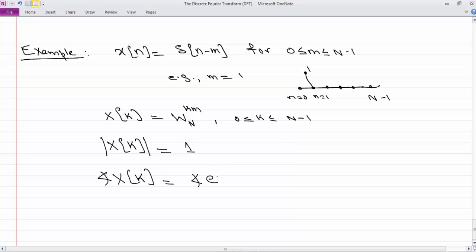That's the phase of e to the j minus 2 pi over N k m, and that phase is simply 2 pi k m over capital N. So you do have a phase shift in your DFT sequence, which gives you the sense that this is something similar to what we have seen: we took a delta function and shifted it, and what we get is the same magnitude, but there is a phase shift in my DFT sequence.